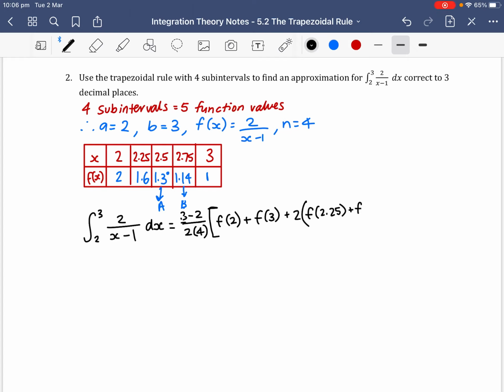Now this line is still extremely important that we write down to show our understanding. And that's a square bracket, lots of brackets going on.